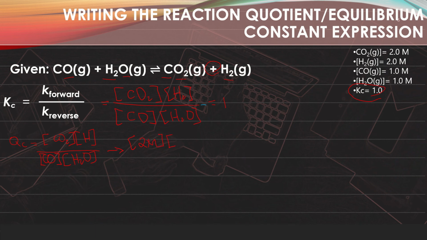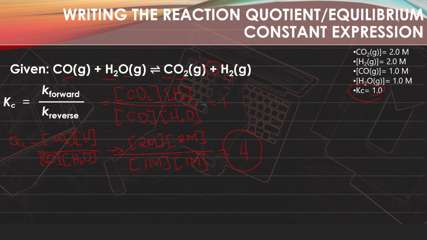For our hydrogen, it is 2 molar concentration over CO, which is 1 molar concentration, and for our water, it is 1 molar concentration. Now, this will be equal to 4. Bakit 4? Kasi 2 times 2 is 4, divided by 1. So, our value for our reaction quotient is 4.